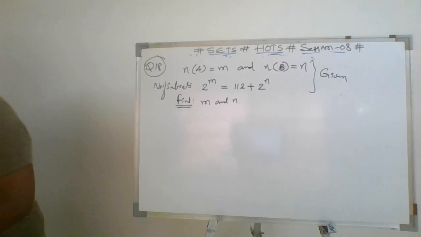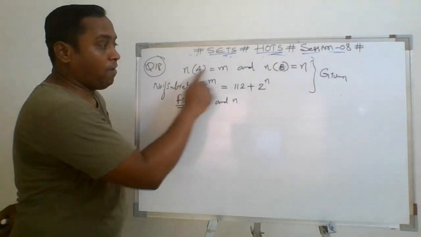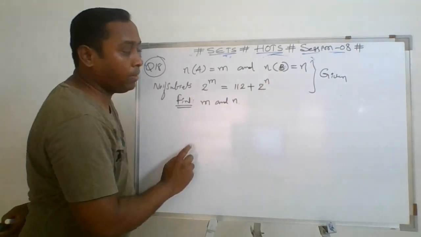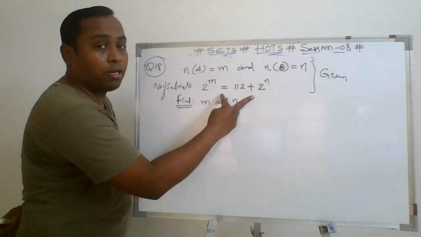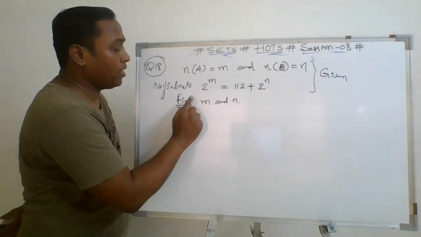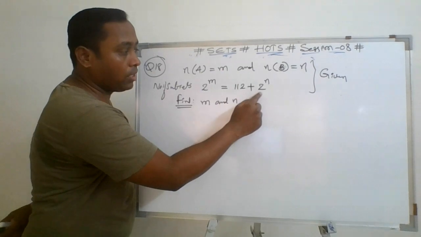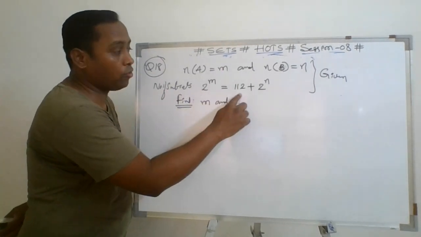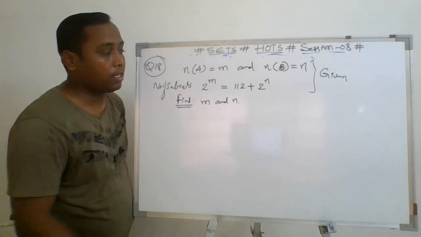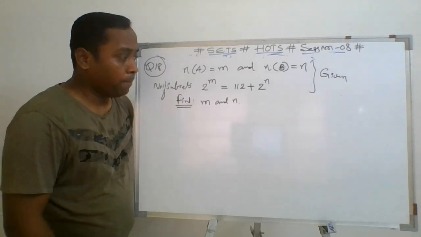How many elements will there be? What is the condition given? There are two finite sets having m and n elements, also satisfying the relation between their numbers of subsets. The number of subsets of the first set is 112 more than the number of subsets of the second set. So 2 to the power of m is equal to 112 plus 2 to the power of n. Now you need to calculate the value of m and n.